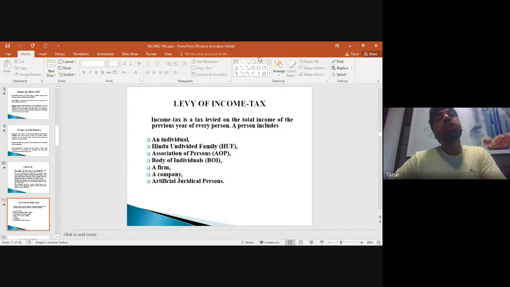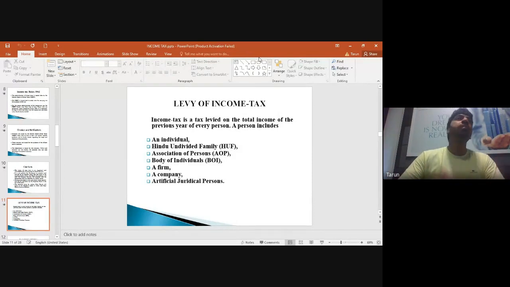Next is body of individuals. Body of individuals refers to communities, right? It is a group of individuals, in larger number, who work on a common purpose. That particular term stands for body of individuals.